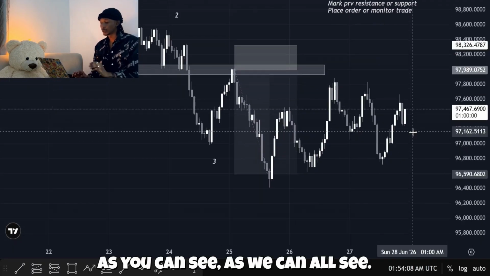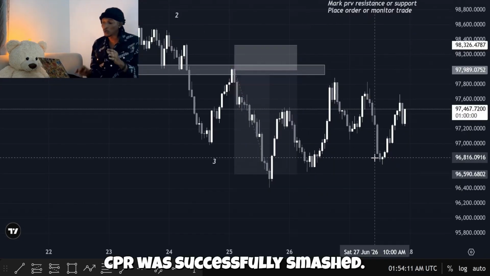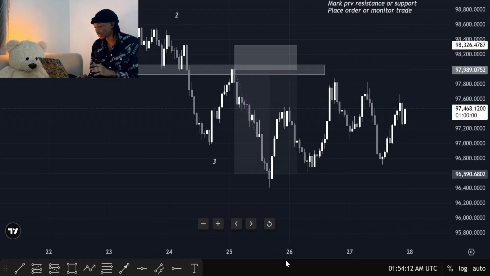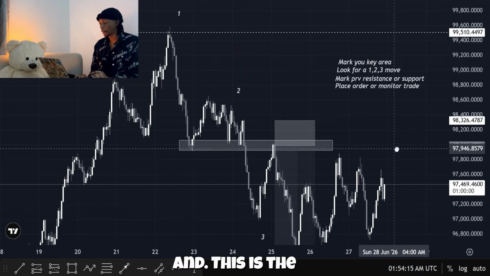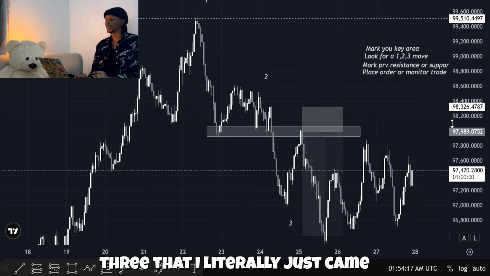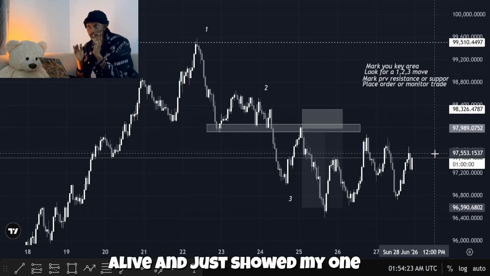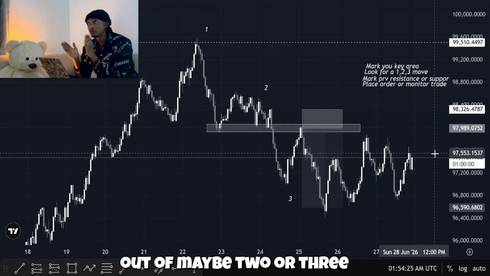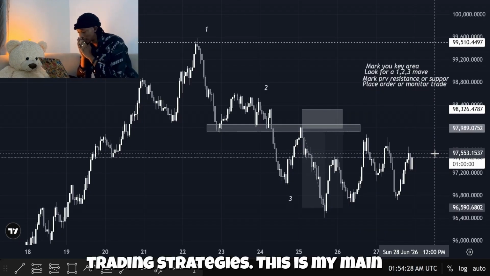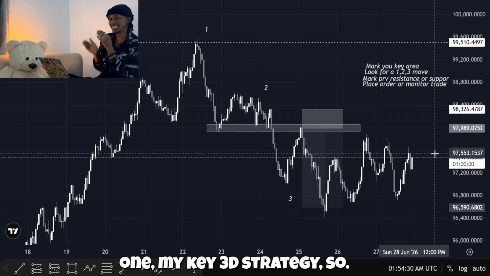As we can all see, PP was successfully smashed. And this is a trade that I literally just came on live and showed, my one out of maybe 2 or 3 trading strategies. This is my main trading strategy.